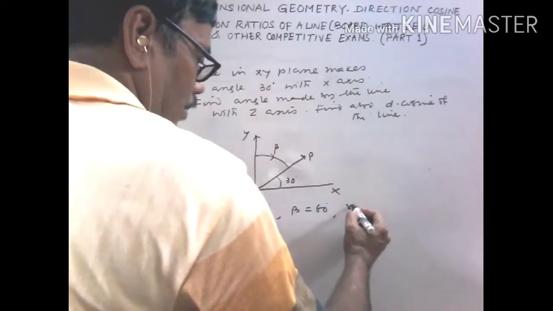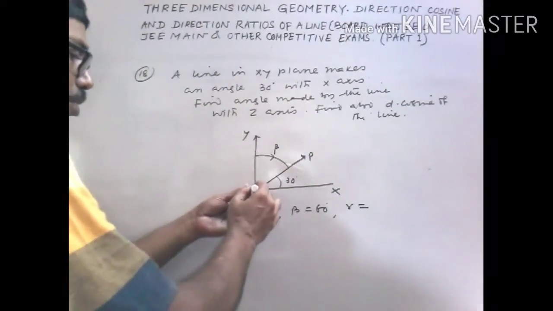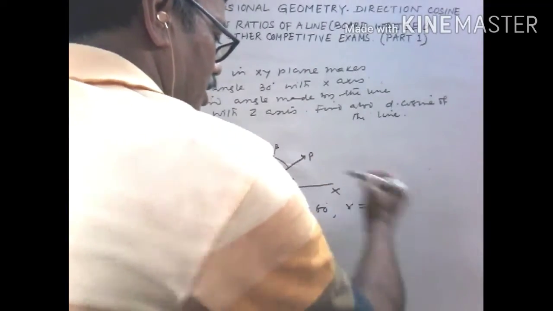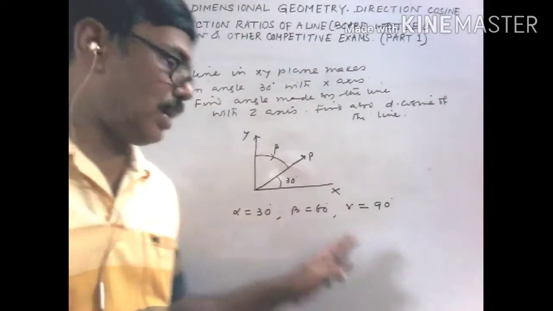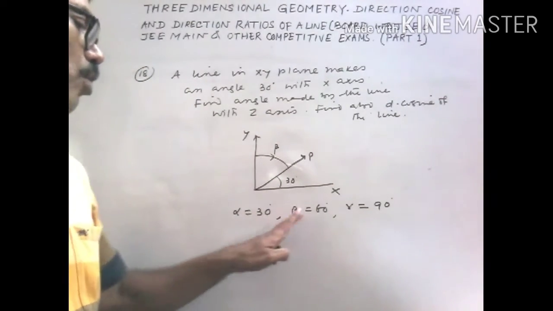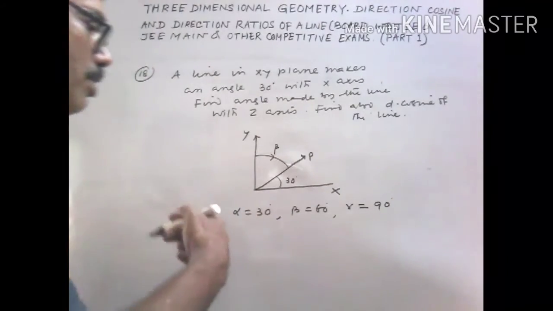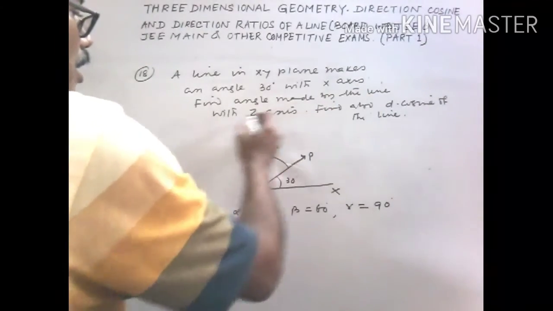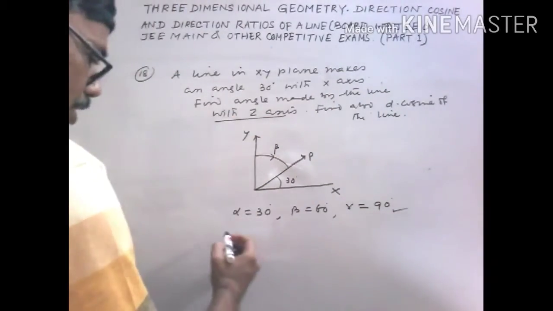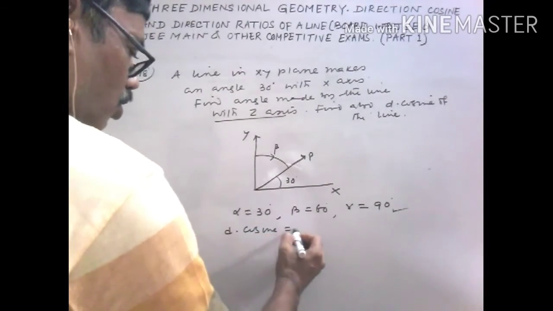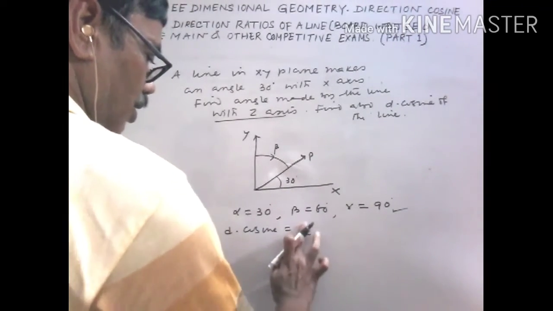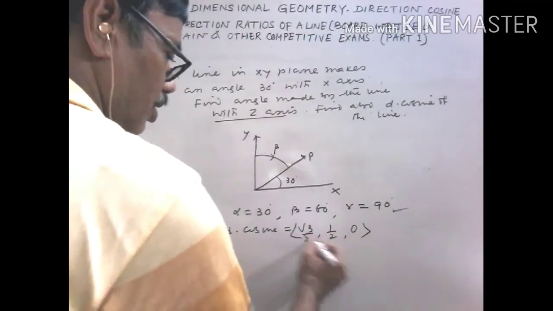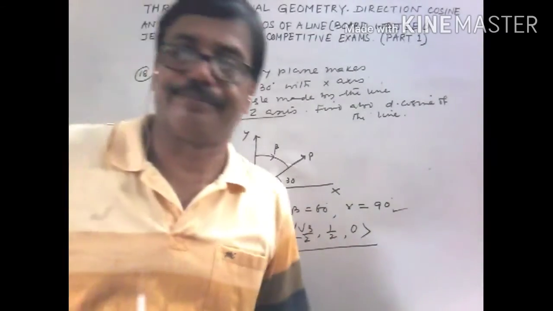What is gamma? Look, they are all coplanar. This is 90 degrees, this is 90 degrees. The line completely lies in the xy plane. So alpha is given, obviously we get beta, and gamma is 90 degrees. So the angle made with the z axis is 90. So what are the direction cosines? Cos 30 is root 3 by 2, cos 60 is half, and this is 0. These are the direction cosines of the line.